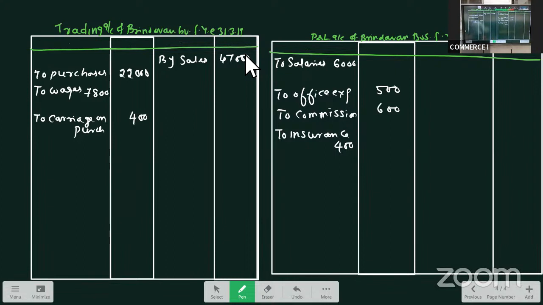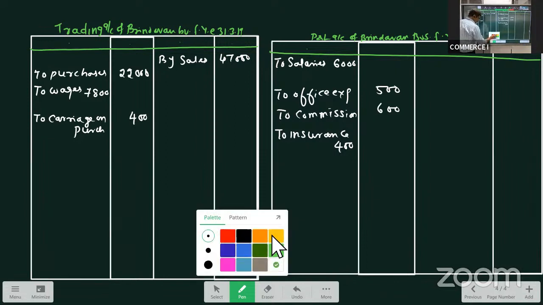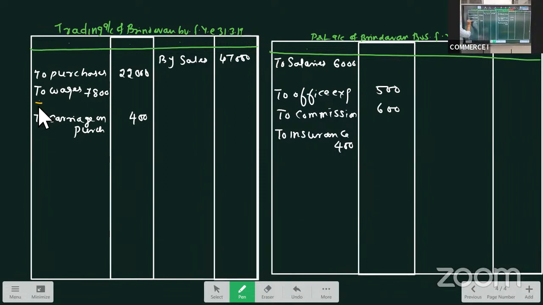Then, coming to adjustments, outstanding wages. Outstanding wages is given as an adjustment. It is a liability. First, it has to be added to wages in trading account. Outstanding wages, 2,000. So this is 9,800.